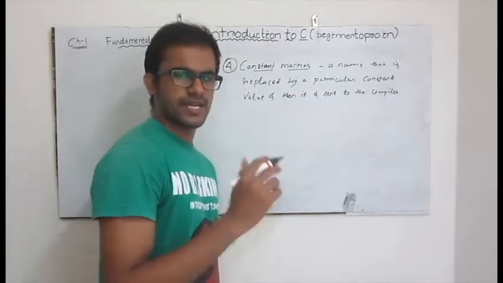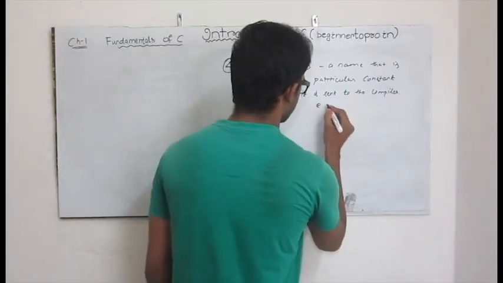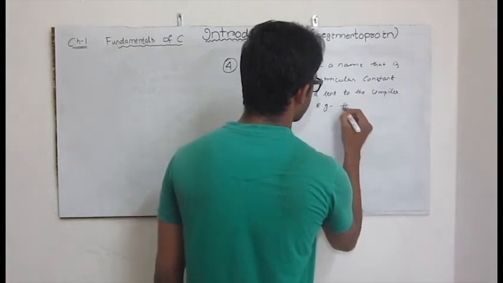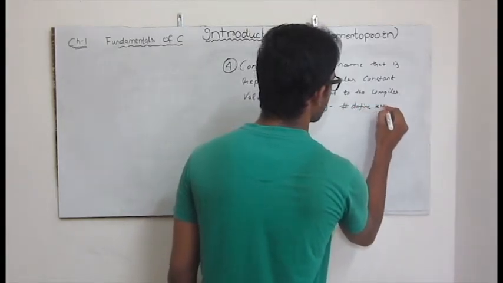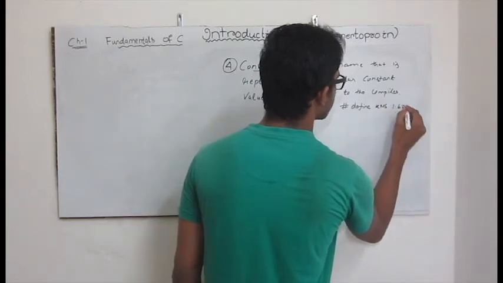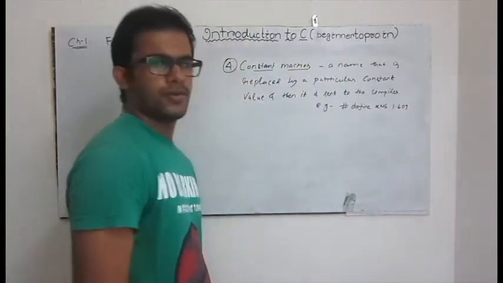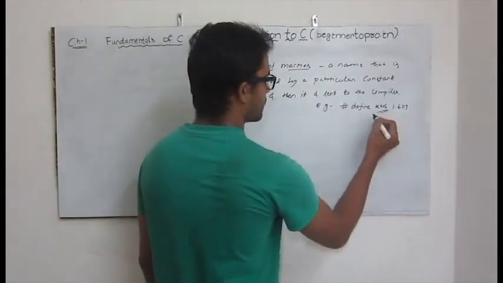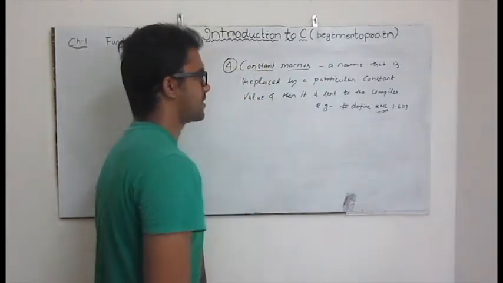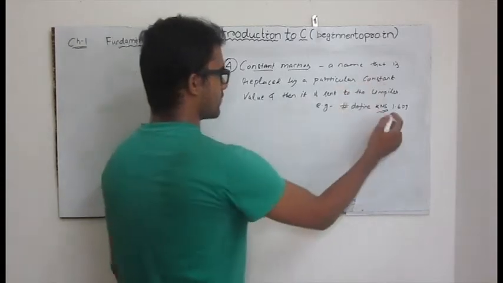Let's have an example for this. Let's say hash define KMS 1.609. What it defines is a name that is replaced by a particular constant value.